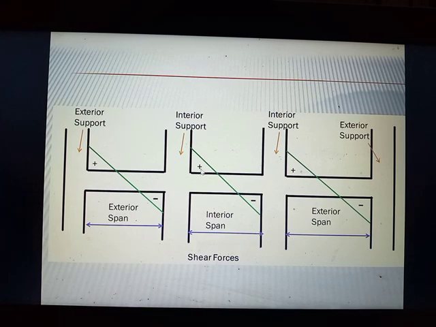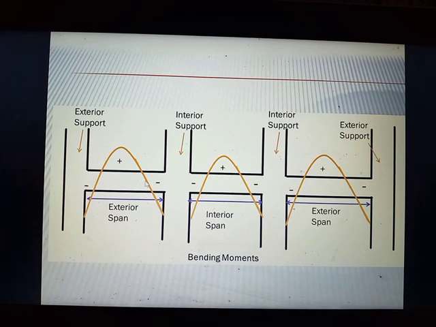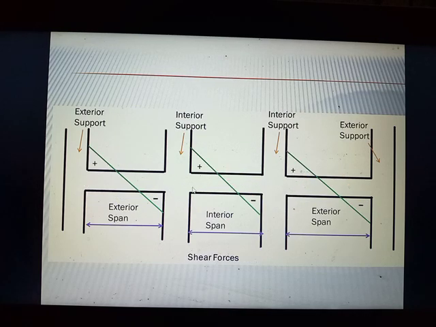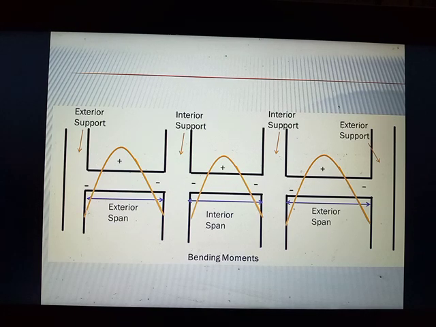So at the top of the beam, the shear sign is positive, and at the bottom of the beam it is negative. So this is for bending moments and shear forces respectively. This is the common form of the diagrams. Just remember the sign convention, where you could find the positive and where you could find the negative.